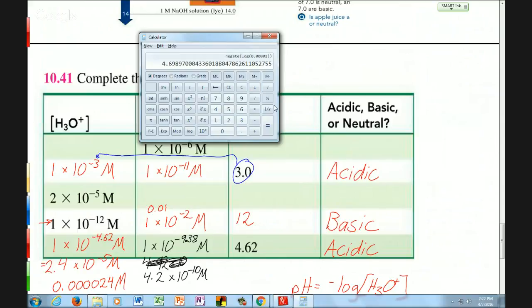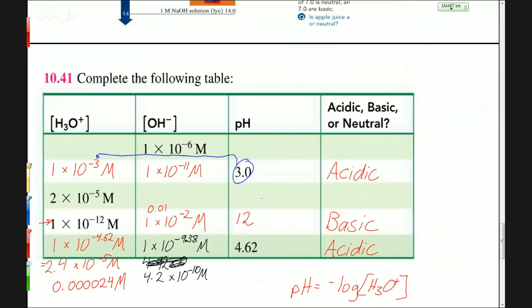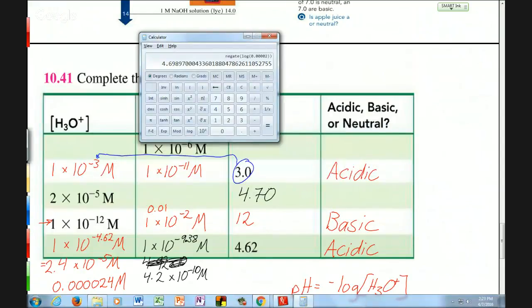So we get 4.70. Close, but because of the 2, it should be 4.7.